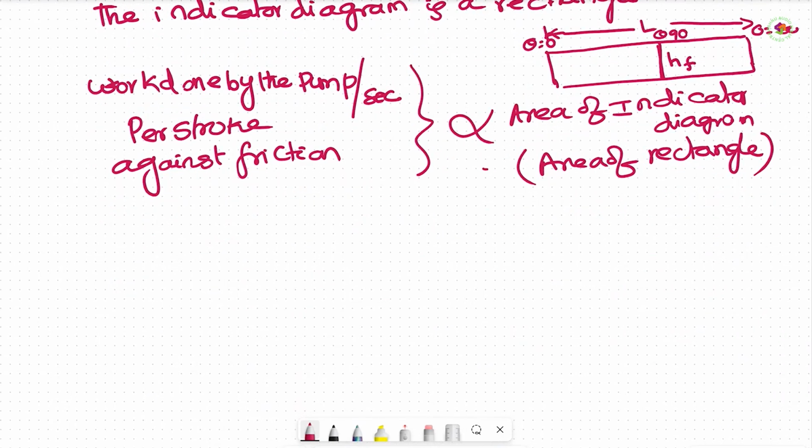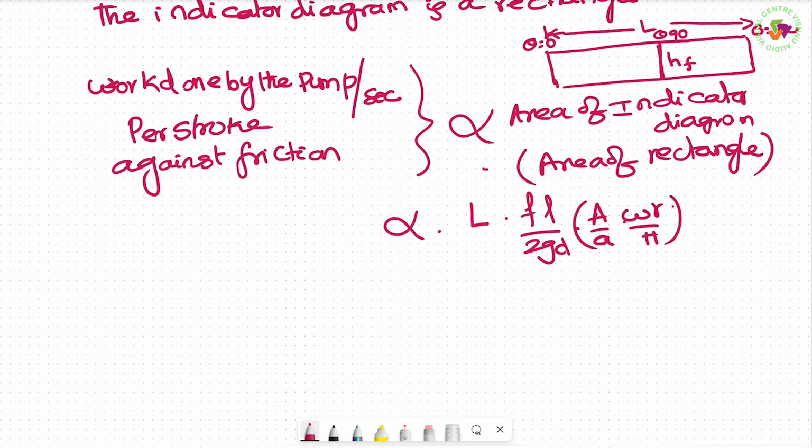So it is proportional to L into HF. What is the HF we got? FL by 2gD into (A by a, omega R by pi) whole square. So this is the thing.